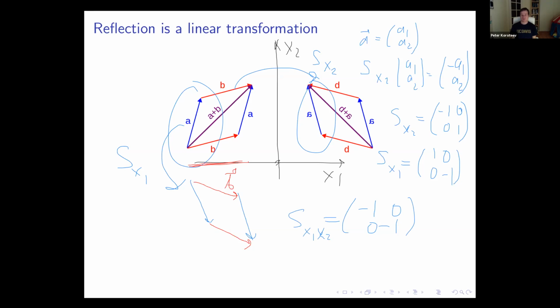What kind of symmetry is that? Is the symmetry about the origin? Yep, that's right. That's the center symmetry.